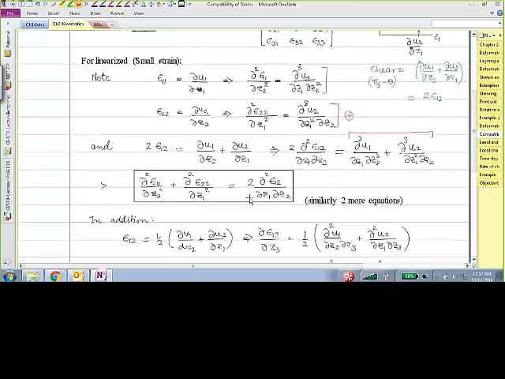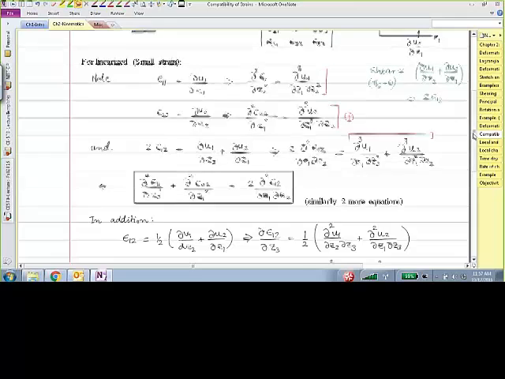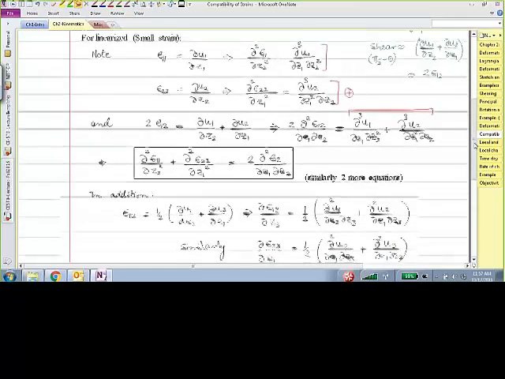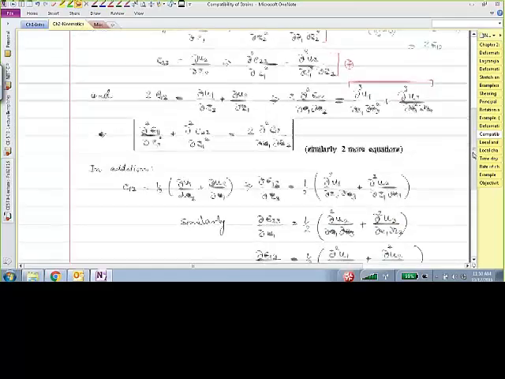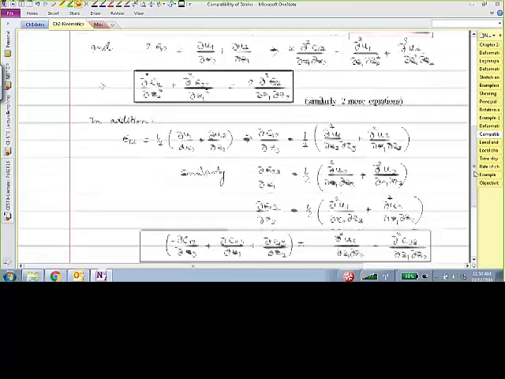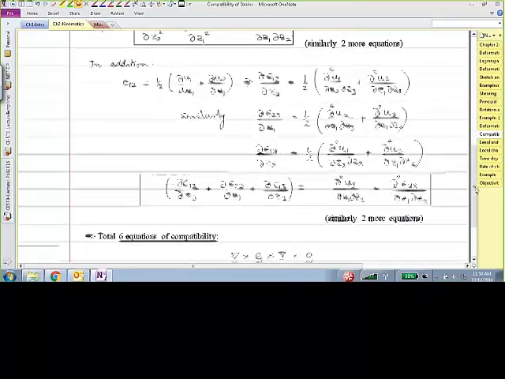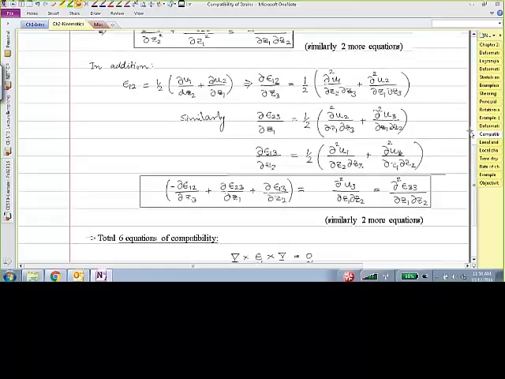It's these conditions, this condition and two other similar conditions in terms of 1,1, 3,3 and 2,2, 3,3, that give you compatibility of strains, or partial compatibility of strains, and then you have three other equations also. So in order to derive those, we'll take a look at this definition of the shear strain again.